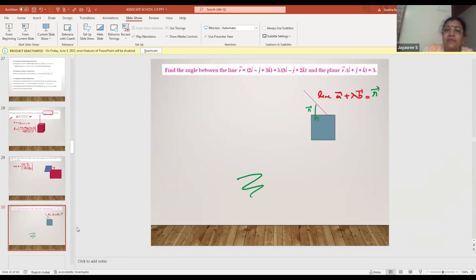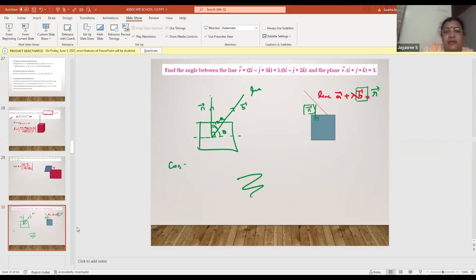When we write the angle between the line and the plane, we are supposed to talk about the direction vector and the normal vector. We tell the children that a line comes here and this is a normal; the angle between the line and plane is this one. But we take the angle 90 minus theta, because the normal is perpendicular. So we have a b vector for the line and an n vector for the plane.